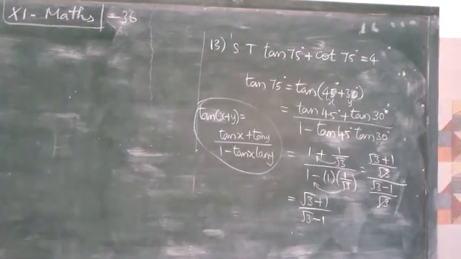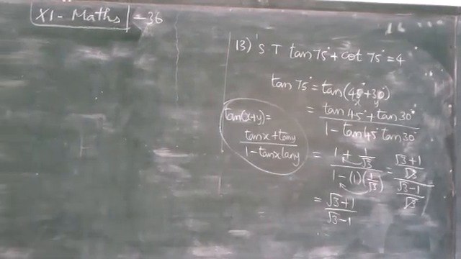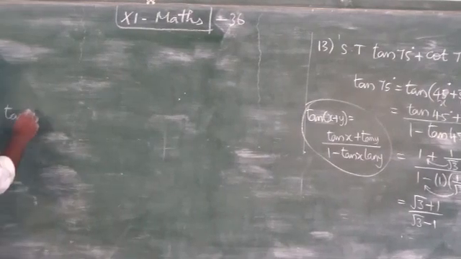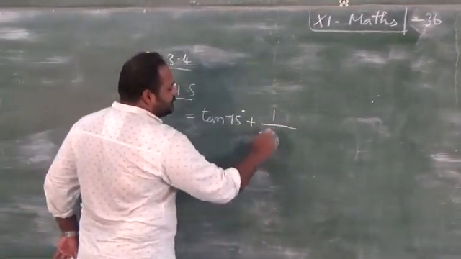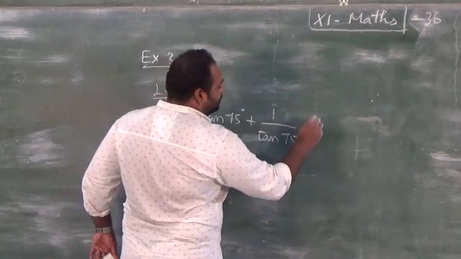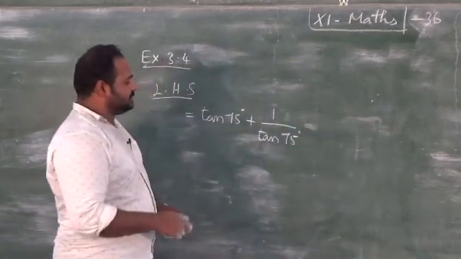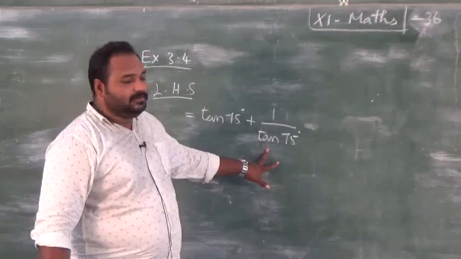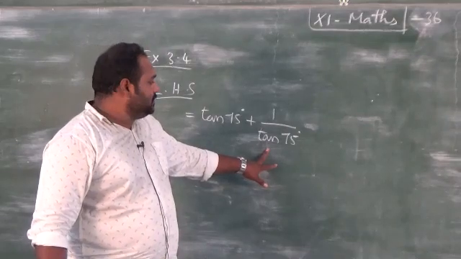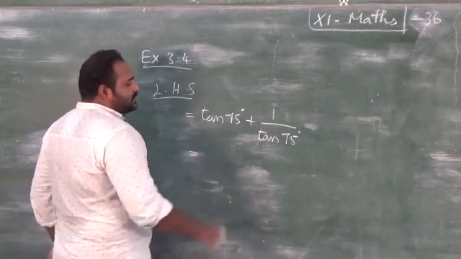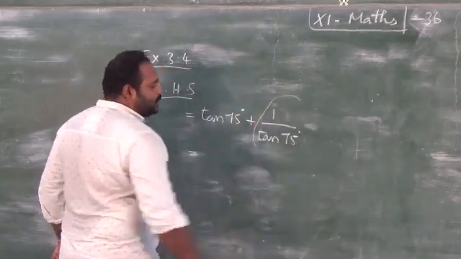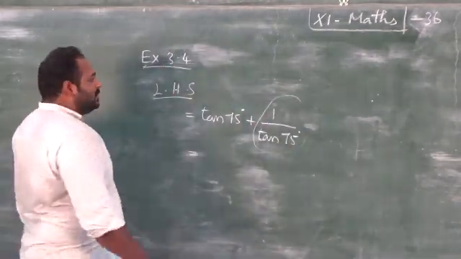So in LHS we can write tan 75 plus 1 by tan 75. Instead of cot 75, I can write 1 by tan 75, the reciprocal.